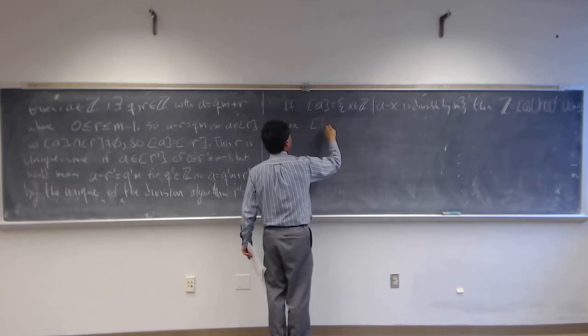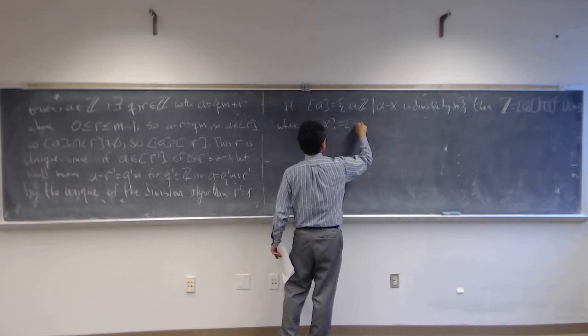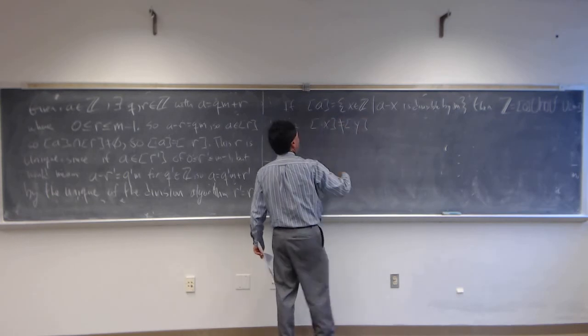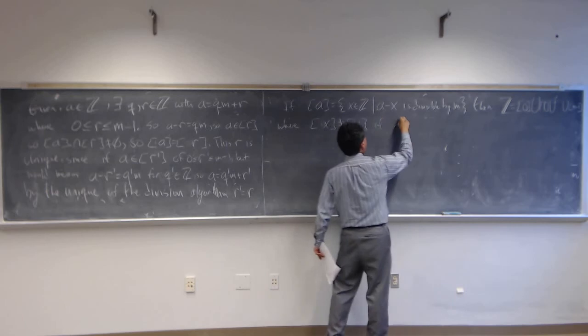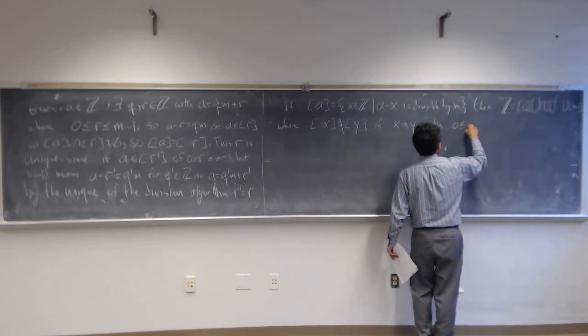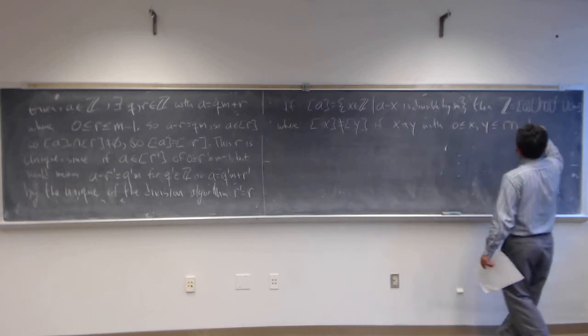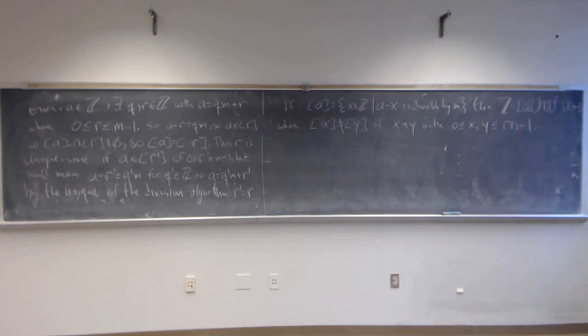Where, say, if we take any two distinct ones of these, if the two integers are not equal, then their equivalence classes are not equal.